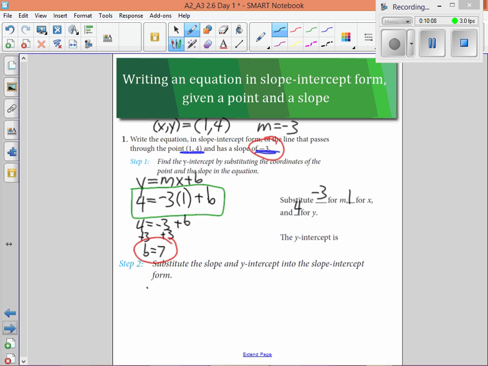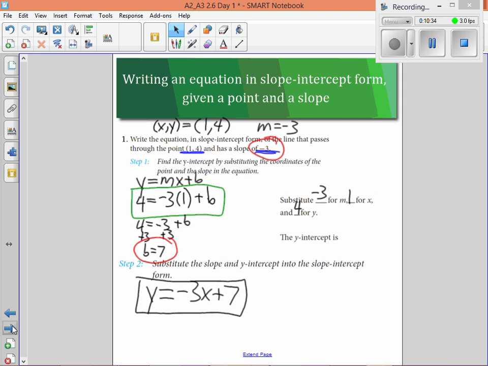So in the form y equals mx plus b, my final answer in slope-intercept form is y is equal to negative 3x plus 7. So there's a little bit of algebraic figuring: you need to substitute the x and y coordinate point that you're given and the slope into y equals mx plus b, solve for the y-intercept, and then substitute the slope and y-intercept into the slope-intercept form to generate the final form of the equation.